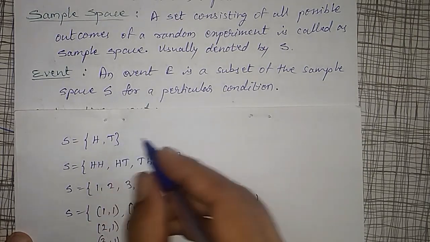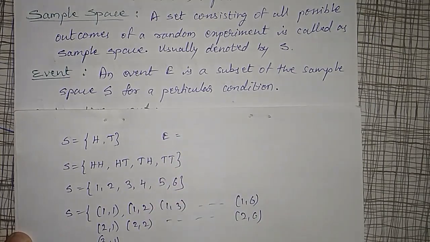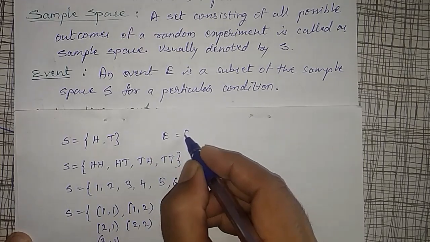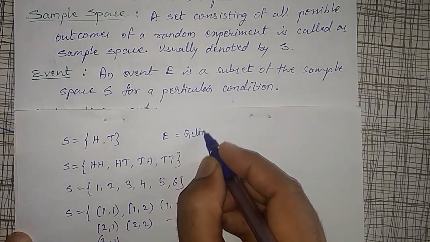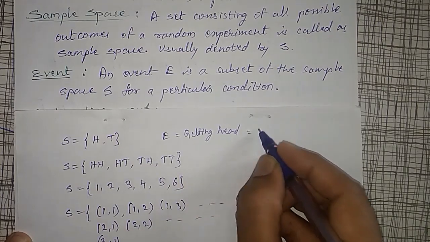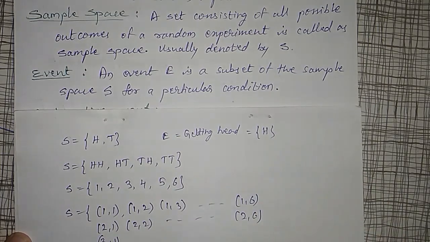Whenever a coin is tossed, I will define the event as getting a head. That is the condition I am putting, getting a head. Therefore, that is nothing but a single head you may get.